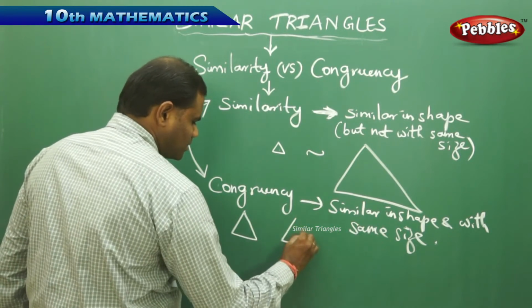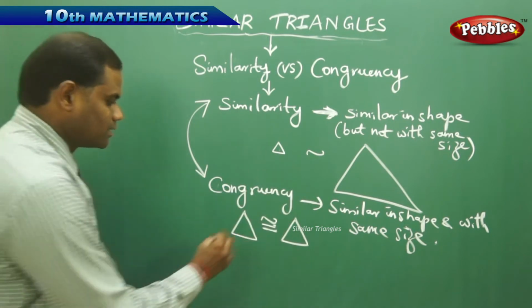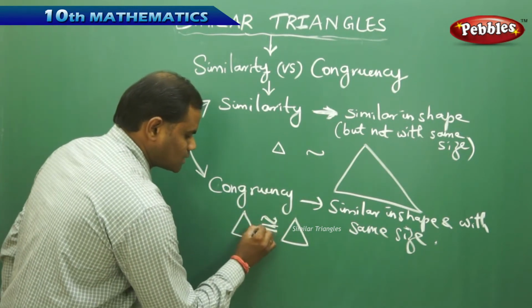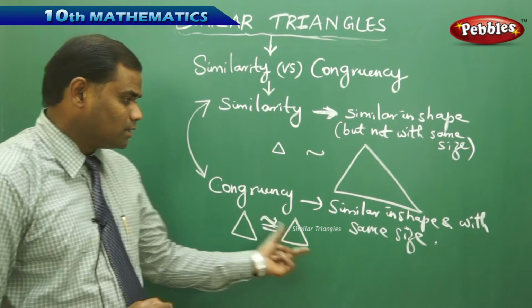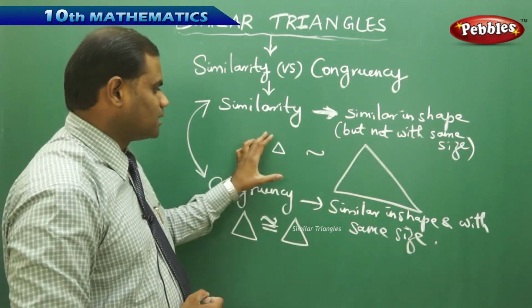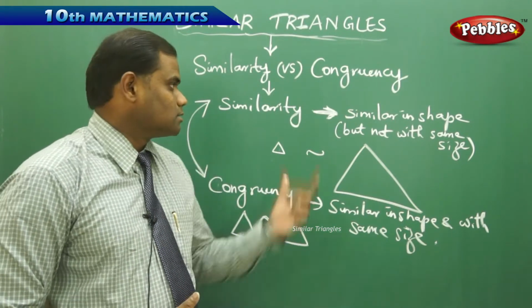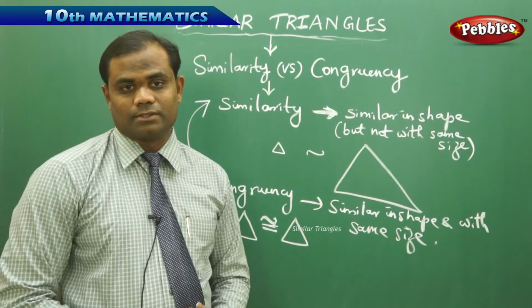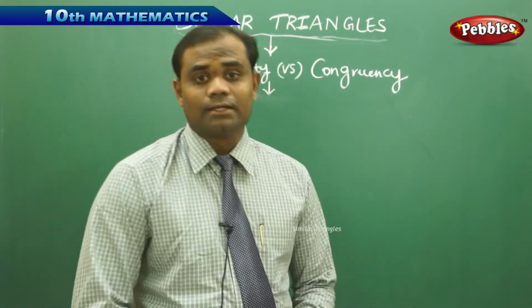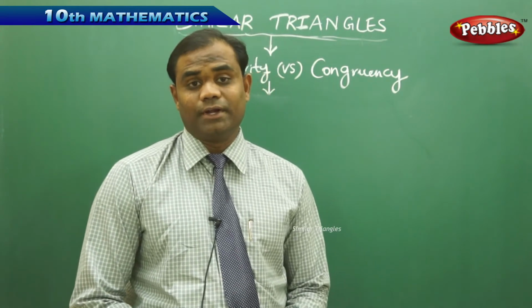These two are said to be congruent, denoted by this, with similarity denoted with this and congruency denoted with this, if they are equal in size and similar in shape. But if they are similar in shape but not equal in size, that is how we understand the difference between similarity and congruency. So how you understand the difference between similarity and congruency mathematically is very important.